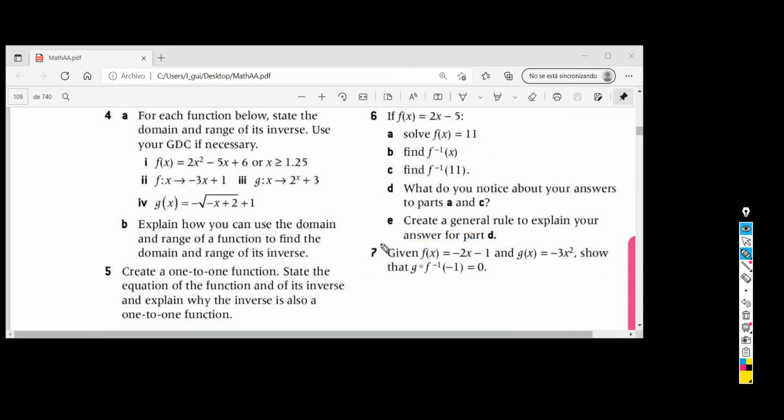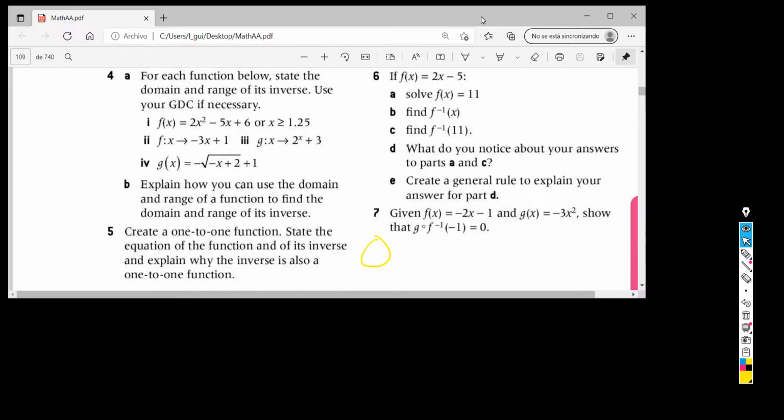Anyways, 7. Given f of x equals minus 2x minus 1, and g of x equals minus 3x squared.